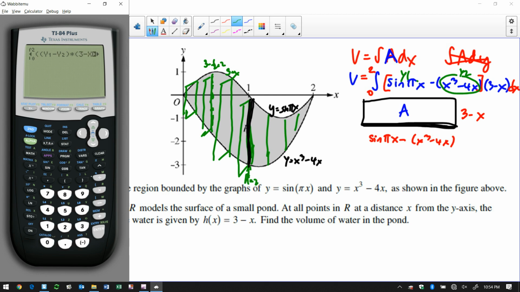I don't know how many parentheses I have here. And then I'm going to hit x. All right, pray, and this is where I get 8.369, and that is my volume of water in the pond. You can also call this 8.370.